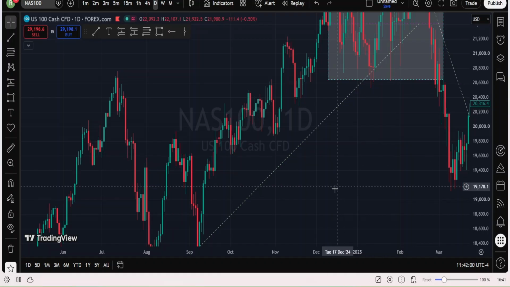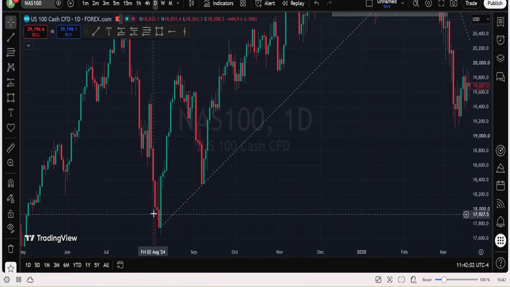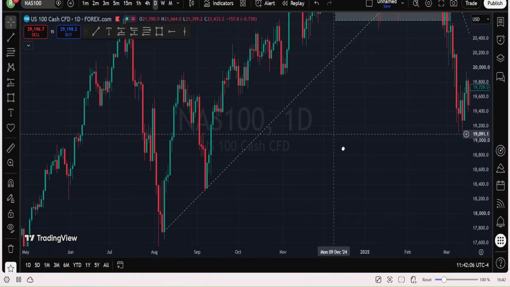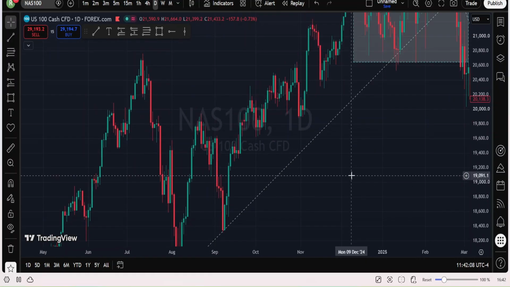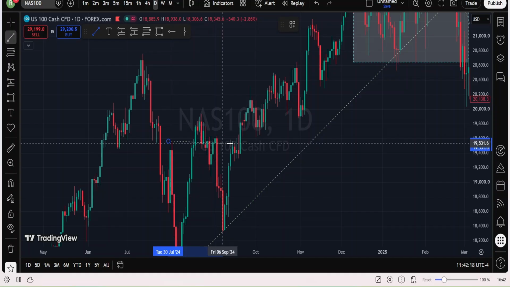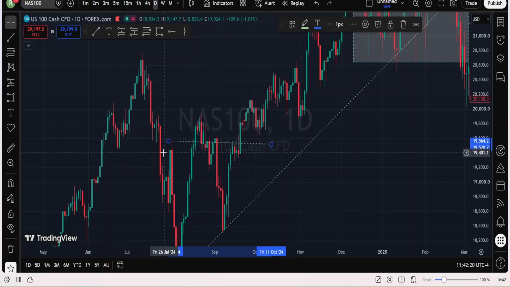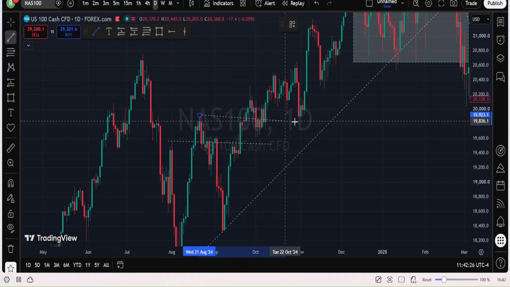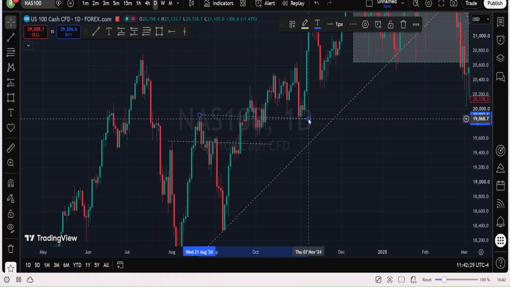What do I mean? Let's take for instance, here we've identified that we are in an uptrend, and we are watching this market. We said we want to be more in buying than selling. You can see this market breaking the structure of the previous high. This was broken, that's break of structure. This high was broken again, break of structure.